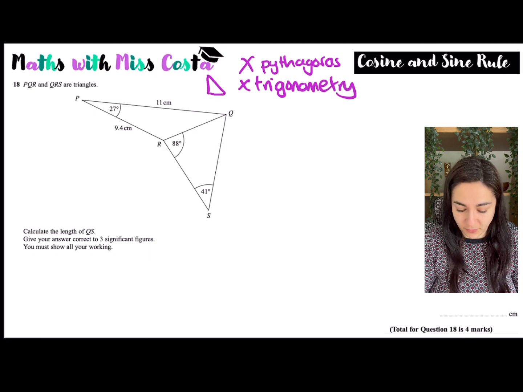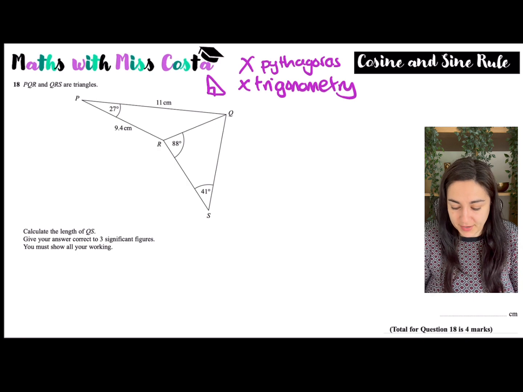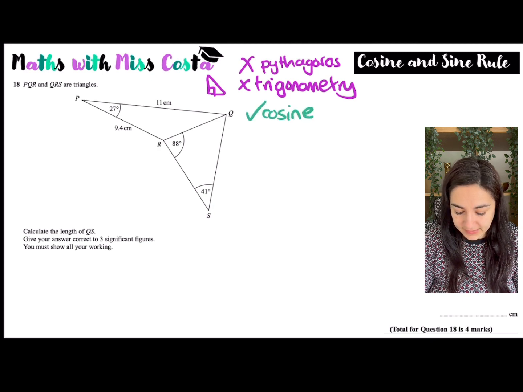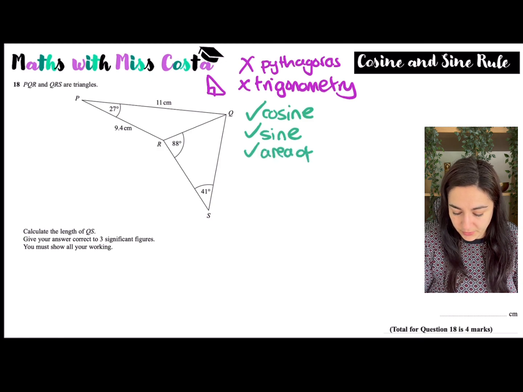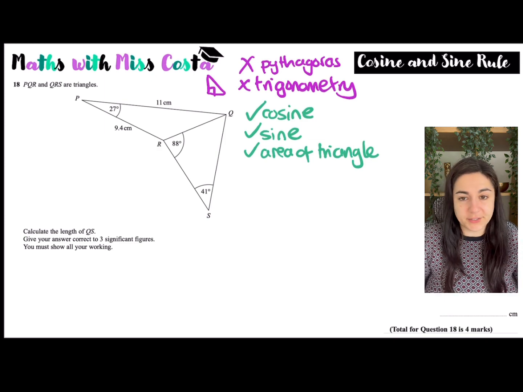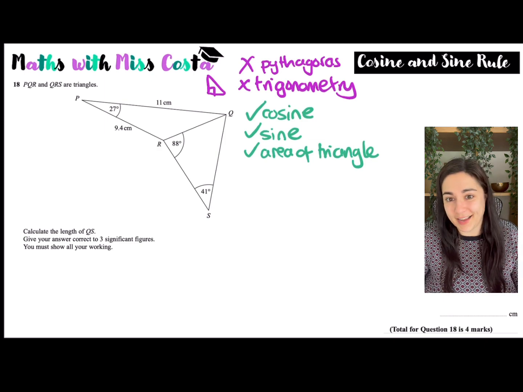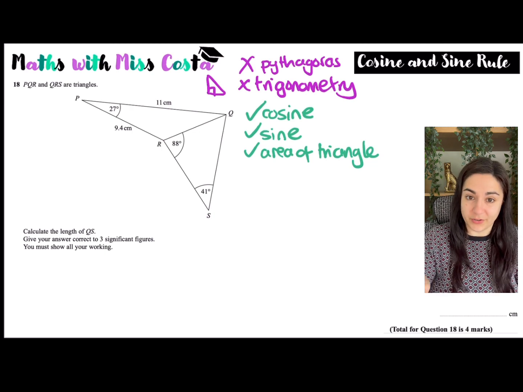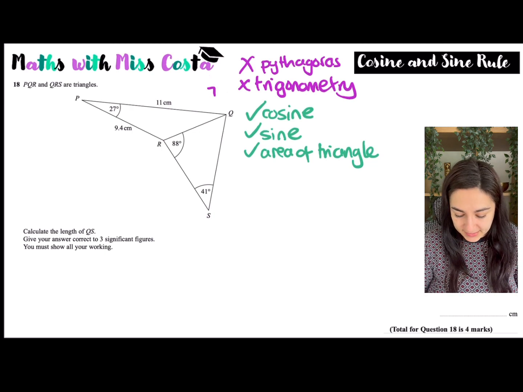But what you can use when it's a non-right-angled triangle is the cosine rule and the sine rule, and also the area of a triangle rule. So it's really easy when you look at this. You're like, okay, I can't use trigonometry, I can't use Pythagoras, so therefore it's going to have to be cosine or sine. If it was a right-angled triangle, then you could use Pythagoras or trigonometry.